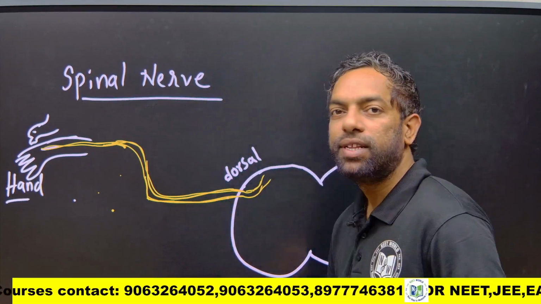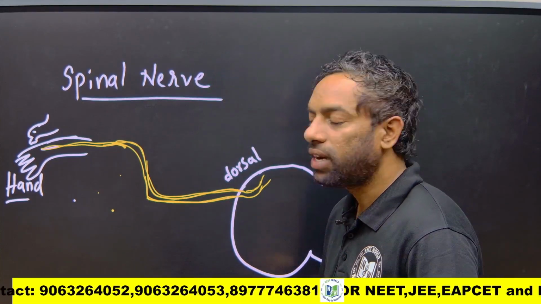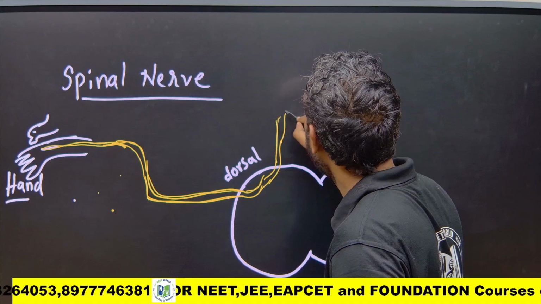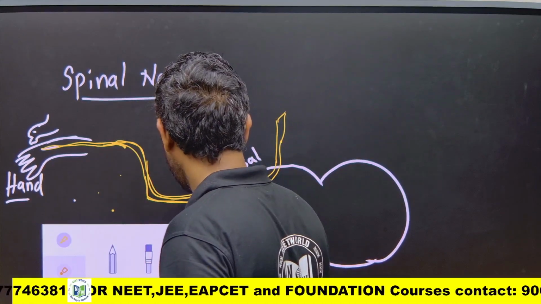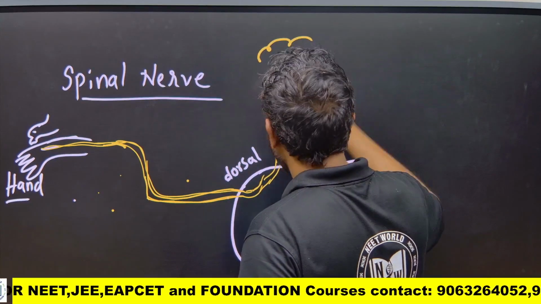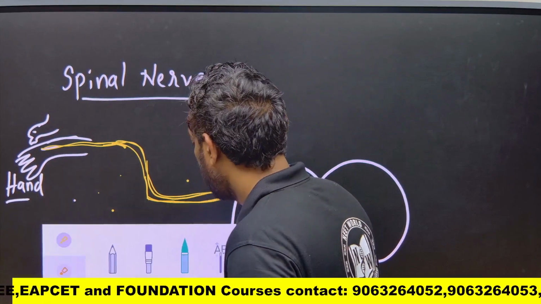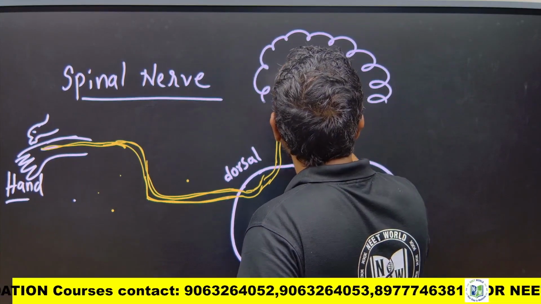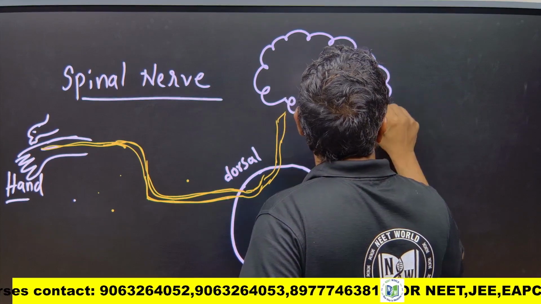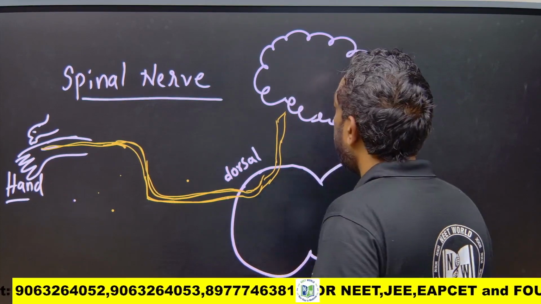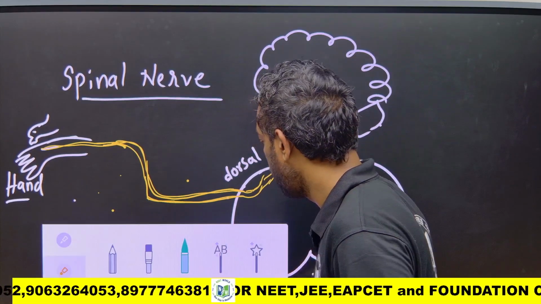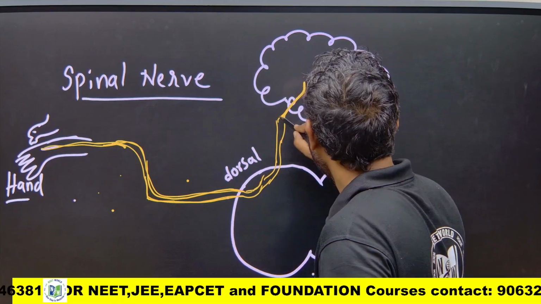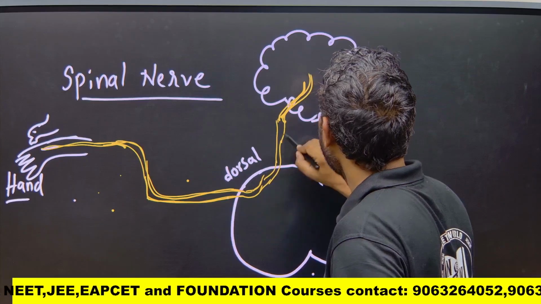The sensory neurons always carry information to the dorsal part, and finally it reaches through the spinal cord into the brain, the brain's cerebral cortex.